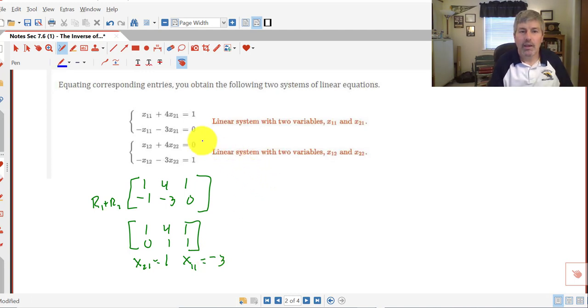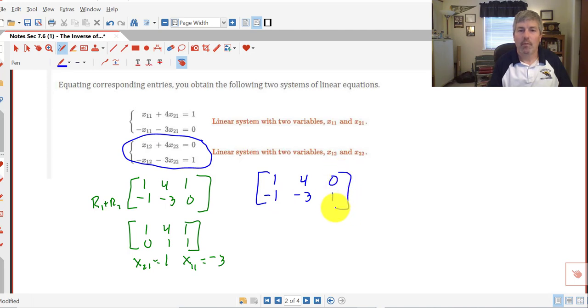Now I can do the same thing with the second system. So rewriting that as a matrix, 1, 4, and 0, an augmented matrix, and negative 1, negative 3, and 1, and doing simple row operations, I can add row 1 to row 2. Row 1 is going to stay the same. Row 2, though, becomes 0, 1, and 1.